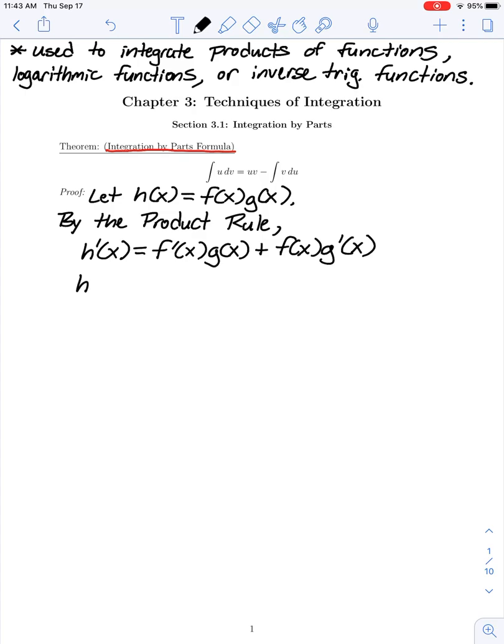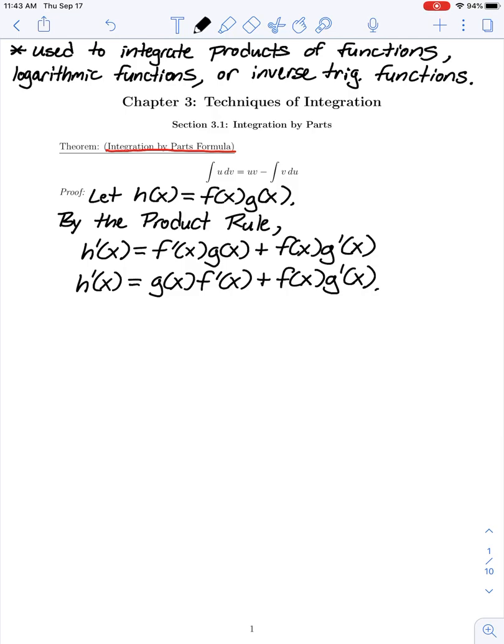For some notational simplicity a bit later, in this first term I'm just going to reverse the order of the product of these functions. So let me rewrite this as g of x times f prime of x plus f of x times g prime of x. I've just reversed the order of the product in those first two terms. It doesn't change its value.